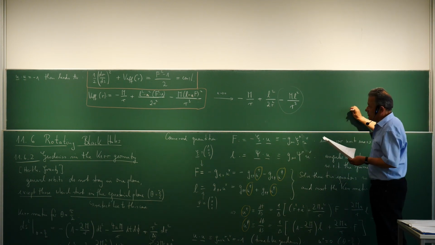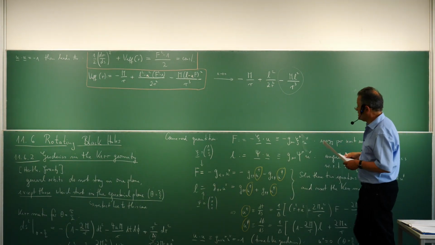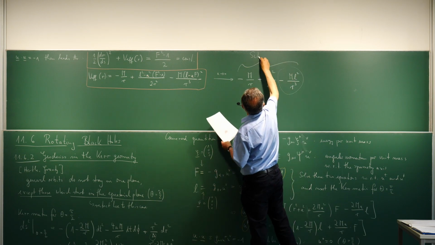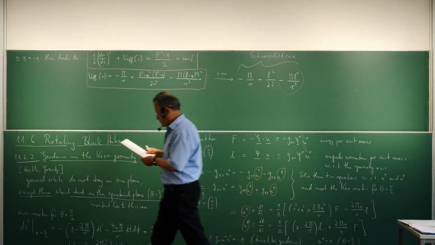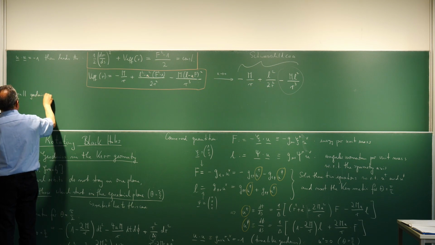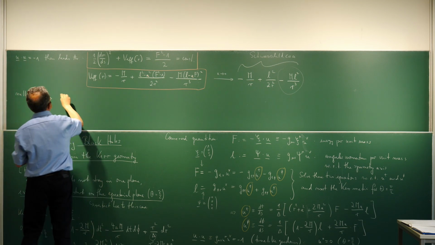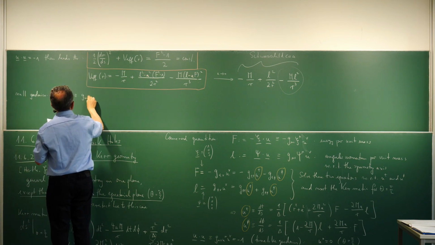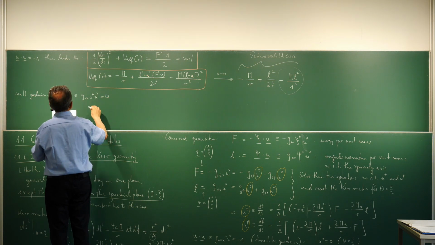Before discussing this further, let me also write down the light-like case. Well, I should write down, this is the Schwarzschild case. So for null geodesics, u times u is 0. So we have g mu nu u mu u nu is 0.